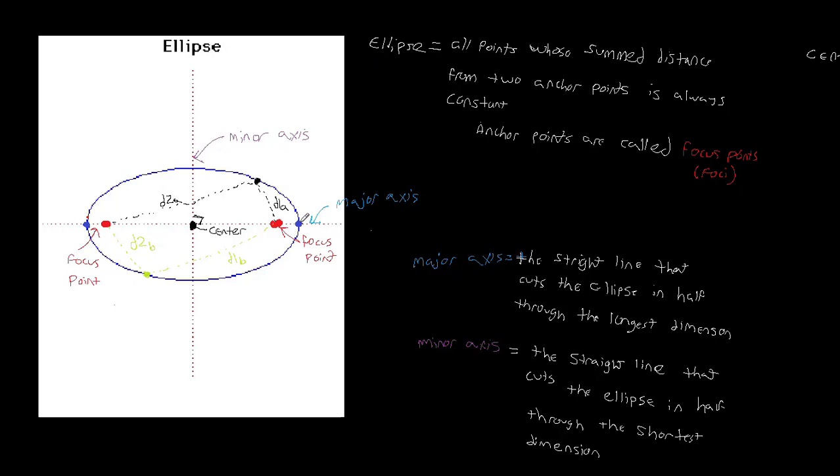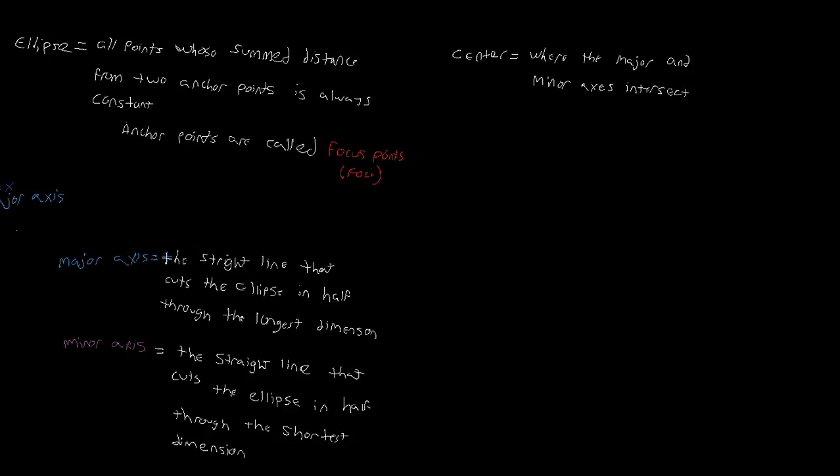Those two points are your vertexes. This is a vertex, and this is a vertex. I want to scroll back over for a second and write down our definition of what a vertex is.